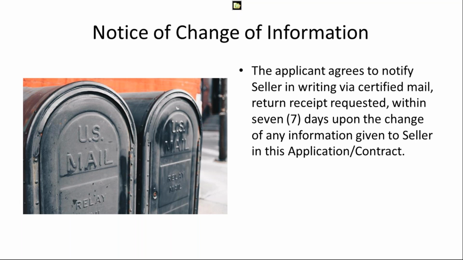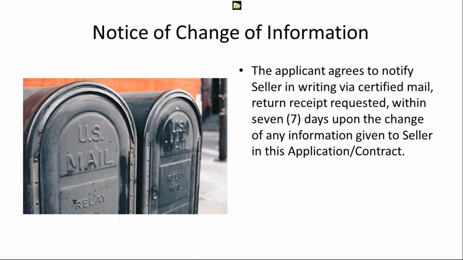So what happens if there's a name change? What we would encourage you to do, there's some language here: the applicant agrees to notify the seller in writing by certified mail, return receipt requested, within 7 days upon the change of any information given to seller in the application or contract. This is something that we started suggesting to our clients a number of years ago, that you would have in your contract with your customer, so that the applicant is your customer.